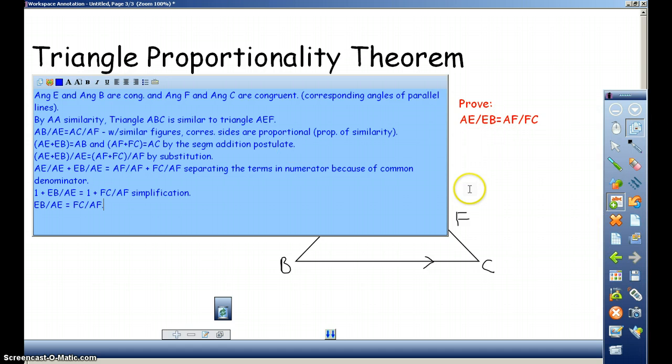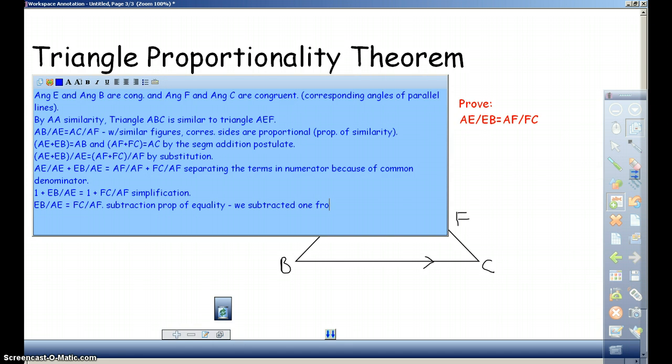Well, we've got these ratios inverted is all. And we can take the reciprocal. Let's go ahead and do that. So this is because of the subtraction property of equality. We subtracted one from each side.